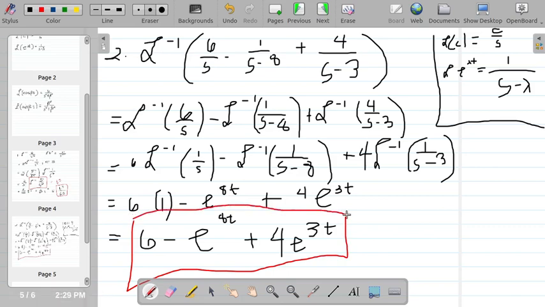So the inverse transform of 6 over s minus 1 over s minus 8 plus 4 over s minus 3 is 6 minus e raised to the power of 8t plus 4e raised to the power of 3t.